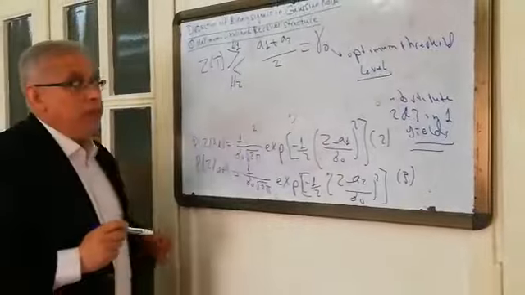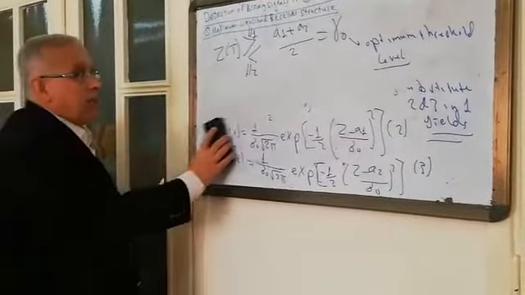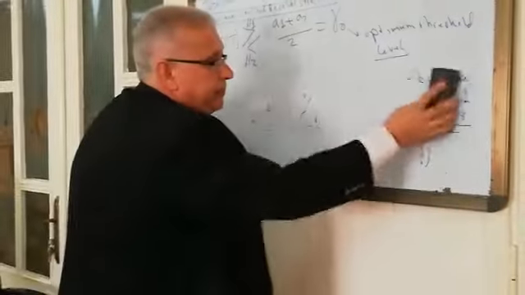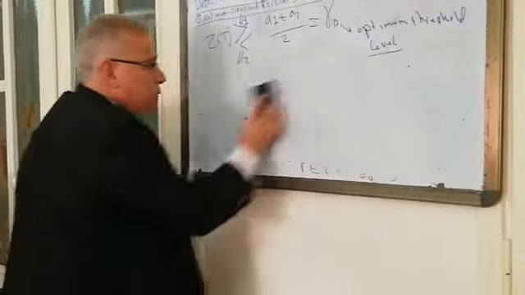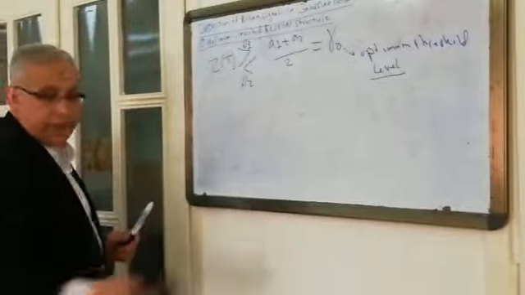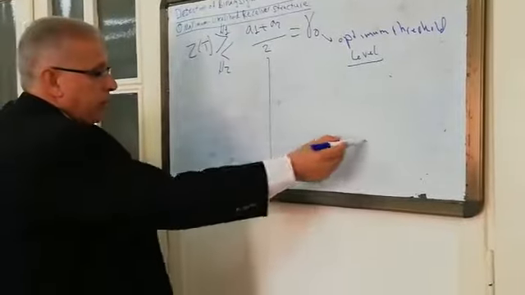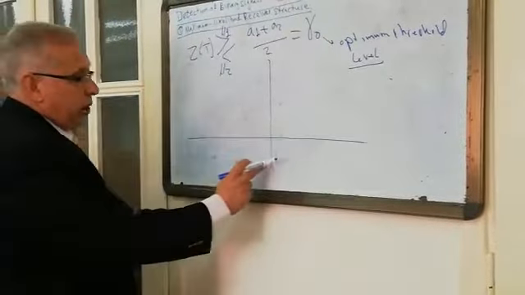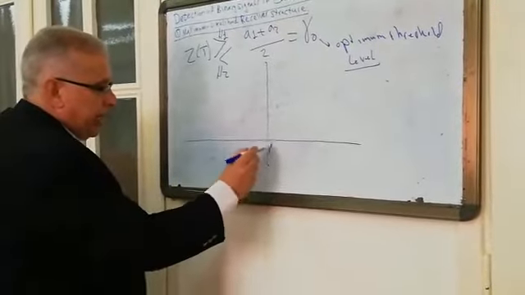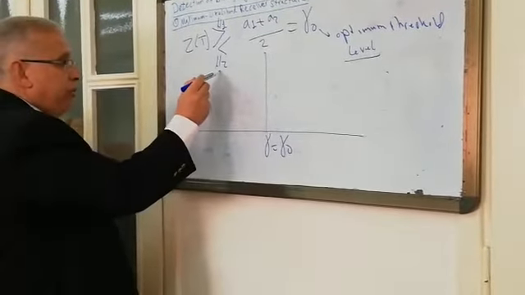Now we are going to obtain this optimum threshold level by minimizing the bit error probability. So we are going to draw now the two likelihood ratios for the first conditional probability and for the second conditional probability. Here we are talking about the threshold gamma equals gamma naught.